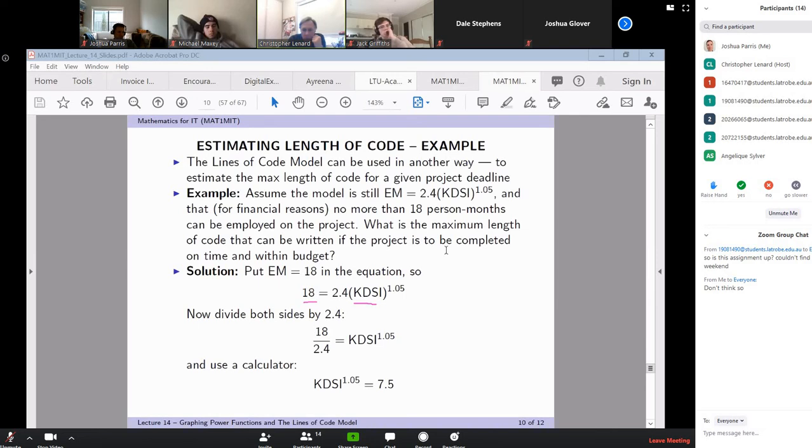So 18 divided by 2.4 is 7.5, and we ask ourselves, what value to the power of 1.05 gives us 7.5? So KDSI equals something. No, what is it?